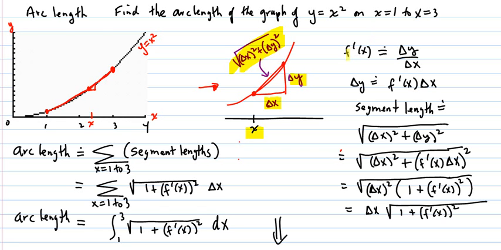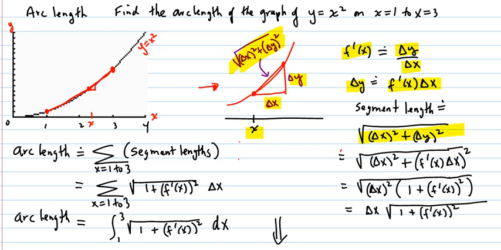But it turns out, as we know, that f prime of x is approximately delta y over delta x. So delta y is approximately f prime of x delta x. So the segment length joining the 2 points, the straight line, is this square root.